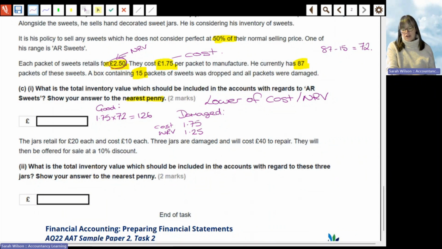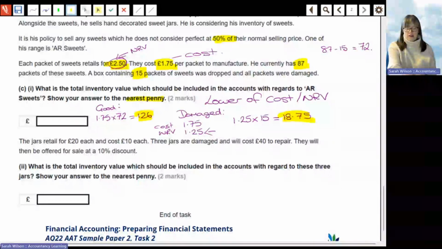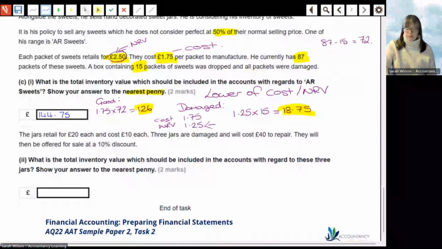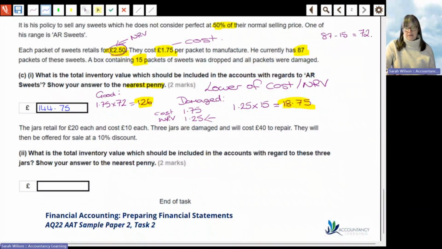So for our damaged goods, we have to take our NRV, 1.25 by 15, 18.75, and then we add these two together to get 144.75. So remember, when you've got good and damaged, you need to add them together.